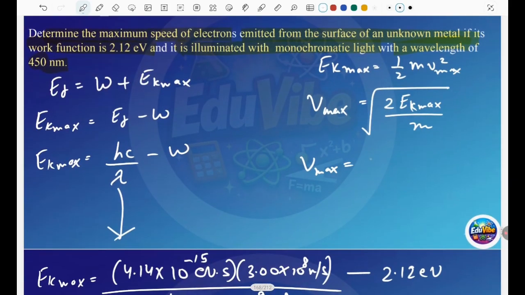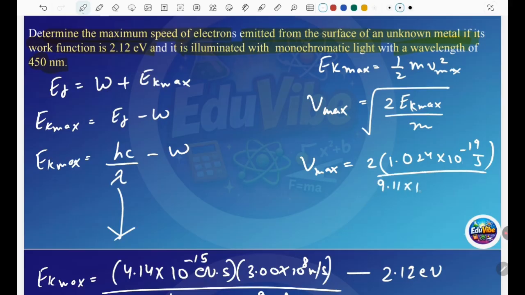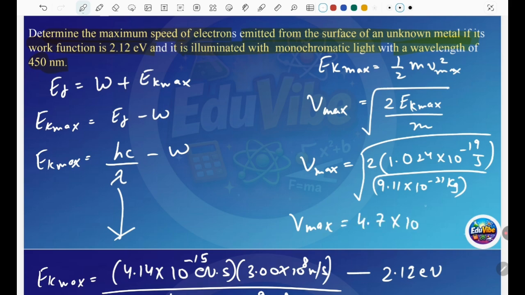So put this over there: 1.024 into 10 raised to power minus 19 joules, divided by the mass of the electron, 9.11 into 10 raised to minus 31 kg, and take the root of this. When you calculate this, you get about 4.7 into 10 raised to power 5 meters per second.